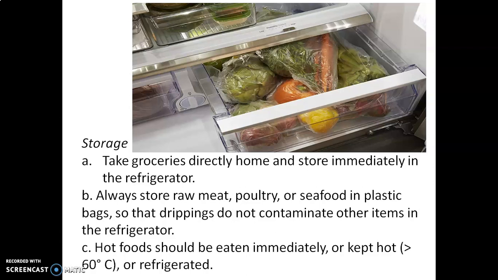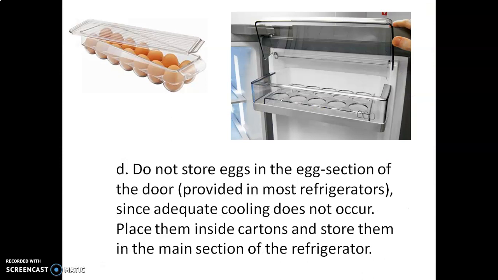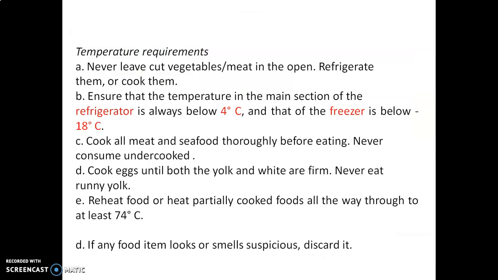While storing grocery after purchasing, we should clean it and dry, and later it's better to store in the refrigerator. And while storing eggs, do not store eggs in the egg section of the door provided in most of the refrigerators, since adequate cooling does not occur there. Place them inside cartons and store them in the main section of the refrigerator.